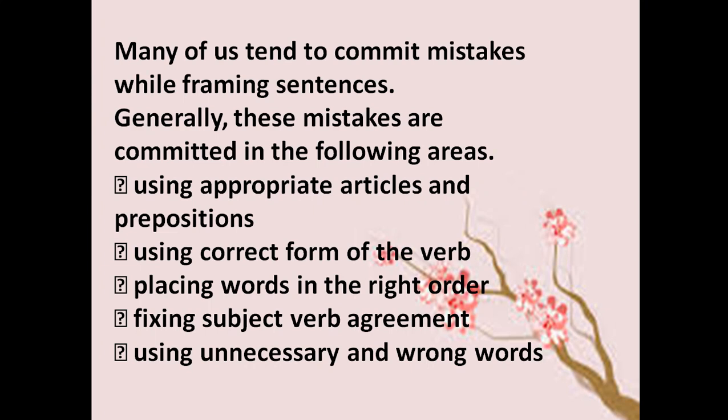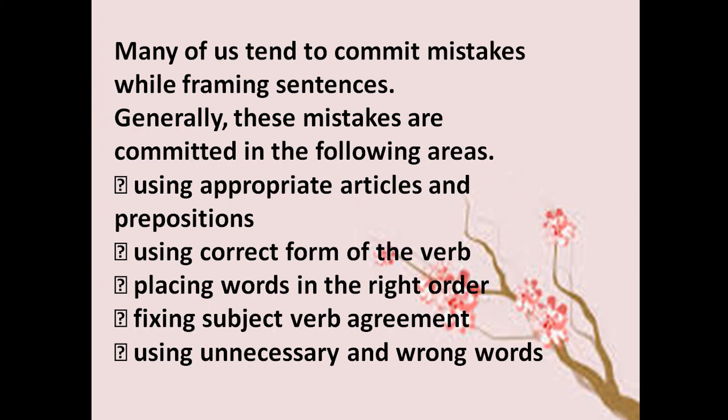We have already seen in our last unit how to put the words in order. Many times we make this mistake of placing the words anywhere, which perhaps gives meaning but doesn't make the correct sense. Fixing subject-verb agreement. So we have gone through the rules of subject-verb agreement. There are several rules we need to practice while we place correct verb depending on the subject that we use.